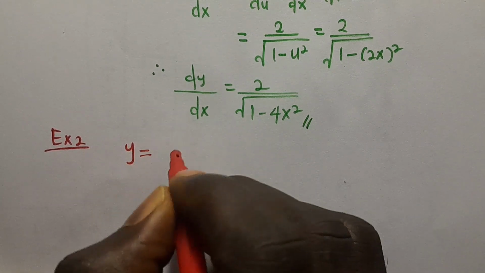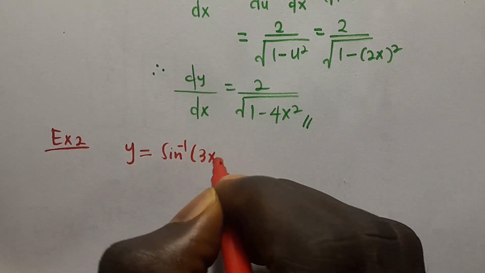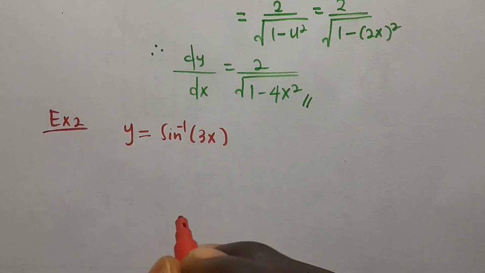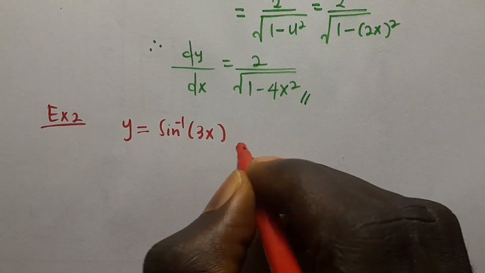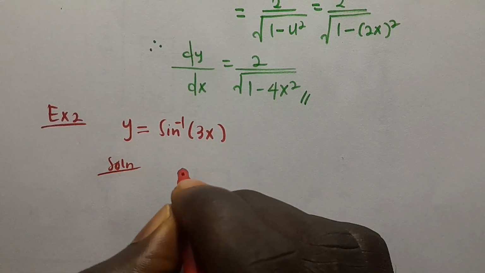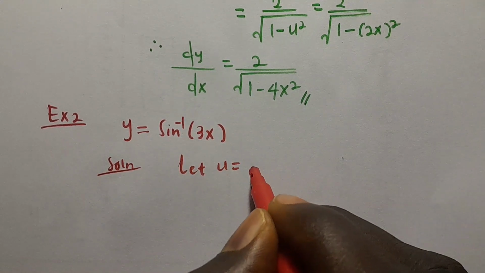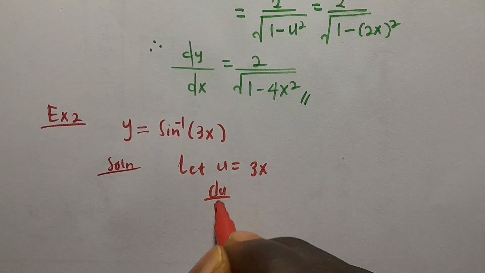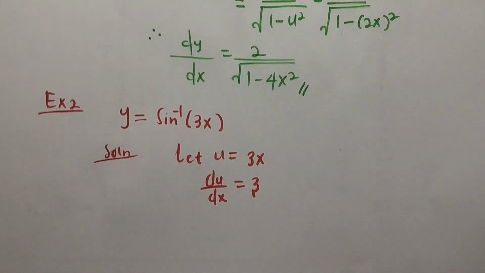We have y equals sine inverse of 3x. By using the same approach that we used above, we can let u equal 3x. Now du/dx, when we differentiate u with respect to x, we have 3.